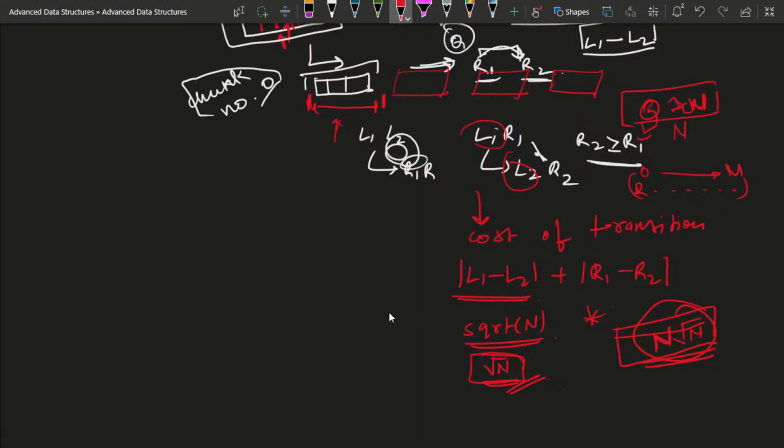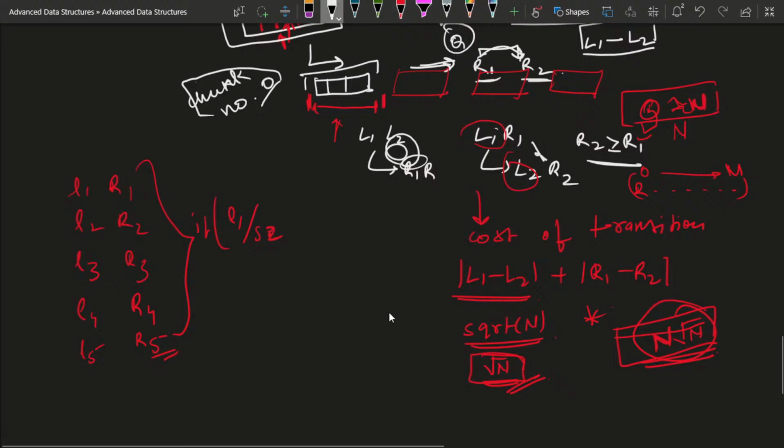If we have the queries L1 R1, L2 R2, L3 R3, L4 R4, L5 R5, I am sorting my queries in such a way that L1 by Sz, where Sz is the size. Let me write it more clearly.